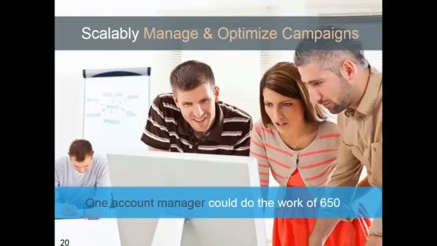Typically, one account manager could set up and maintain 20 to 30 of these on a monthly basis, whereas with the software, when it's fully deployed and doing all the work that you've set it up to do, you can manage up to 2,500 campaigns per person. Next slide, please.